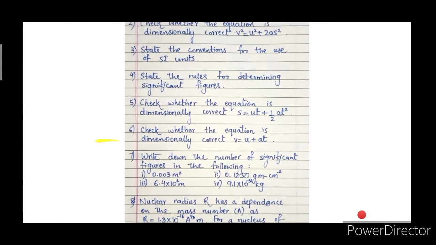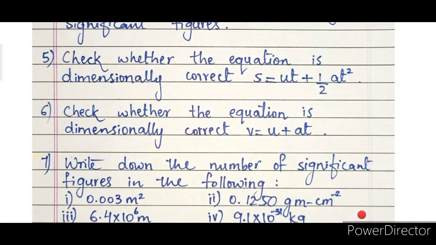Now the next question we have, number 6. Check whether the equation is dimensionally correct. V is equal to u plus at, where V is the final velocity, u is the initial velocity, a is acceleration and t is time.